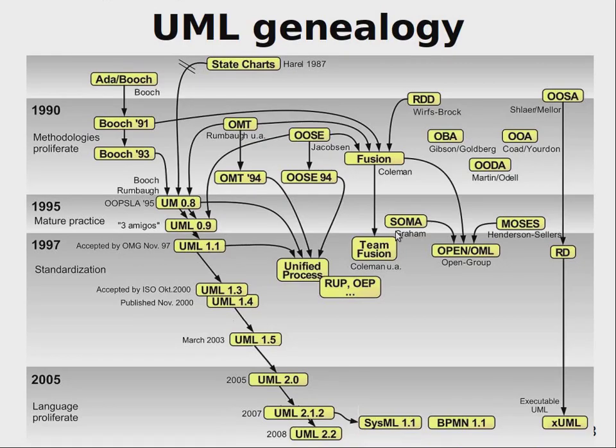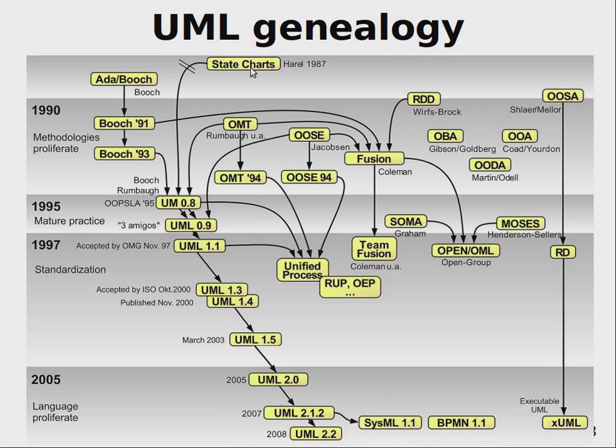UML is actually a superset of many other notations which existed before it. Around the 1980s and 1990s, when personal computers became powerful enough to handle graphics, different ideas emerged on how to represent things graphically.